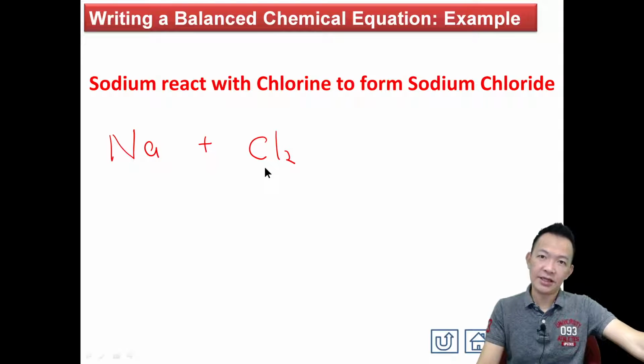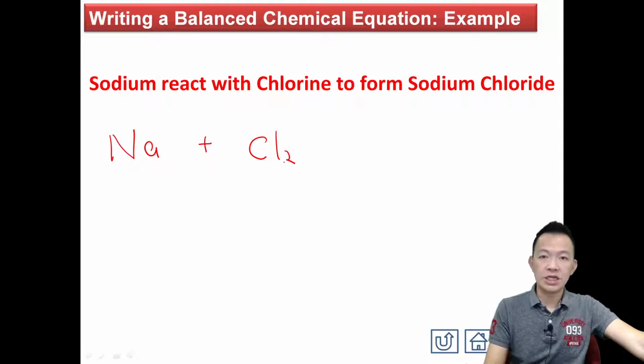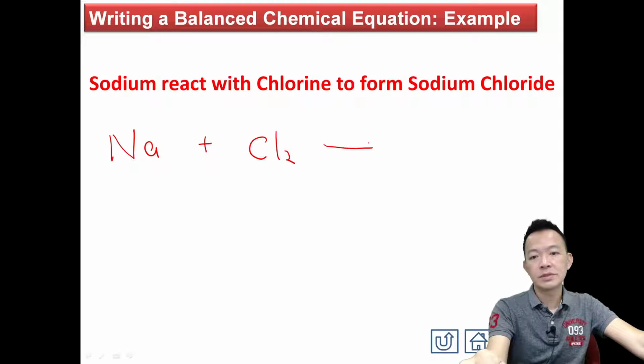Chapter 5会教你. Okay, so sodium react together with the chlorine molecule. But why chlorine molecule must be 2? I tell you, you just listen. 我告诉你, 你听就可以了. To form sodium chloride, 形成 sodium chloride.